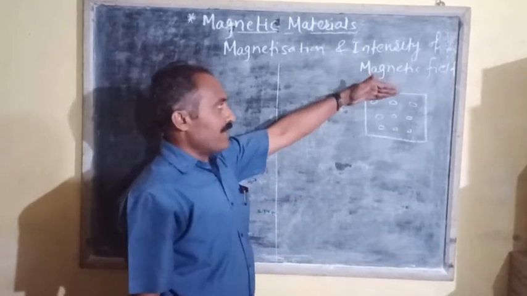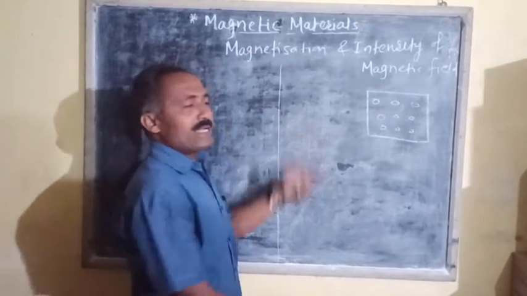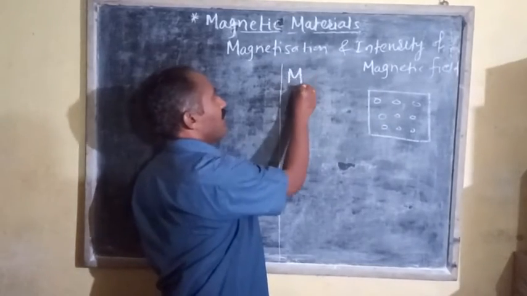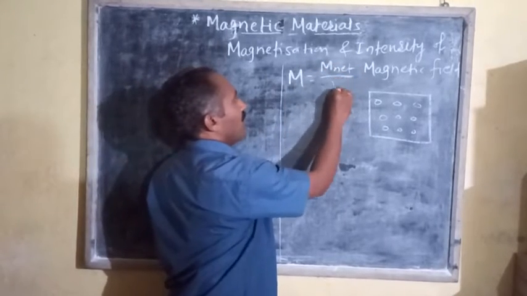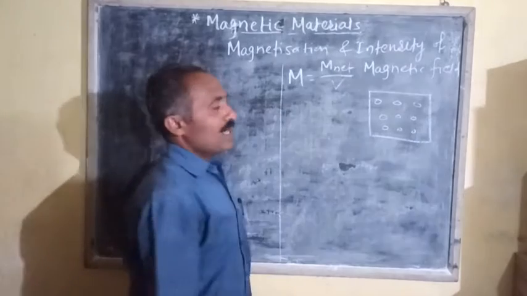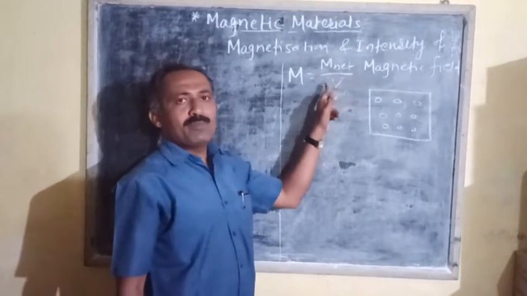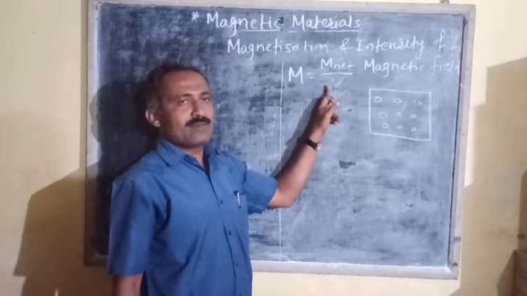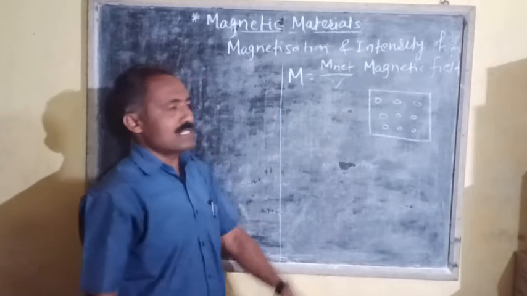Now the net magnetic moment per unit volume is called magnetization, that is capital M is equal to m_net upon V. Means magnetization is defined as the net magnetic moment per unit volume of the magnetic substance.